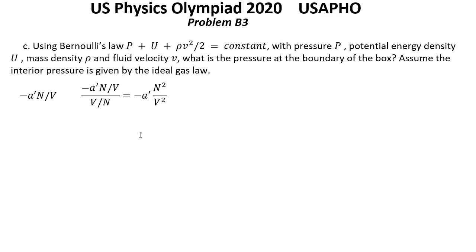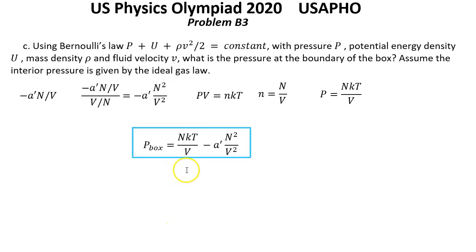And due to the universal gas law, we have PV equals nkT, where n is the concentration of molecules, k is the Boltzmann constant, and T is absolute temperature. So it means that n equals n over V, and we have the pressure inside the box is nkT over V. Then the pressure on the box is this expression. So that was the solution for question C.